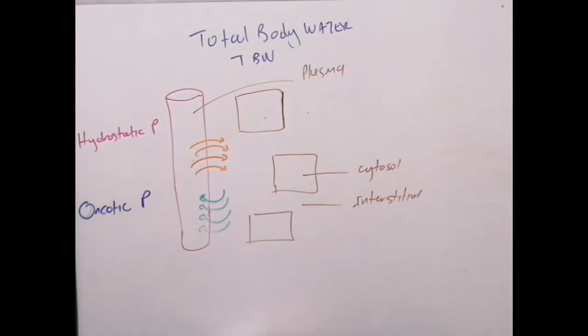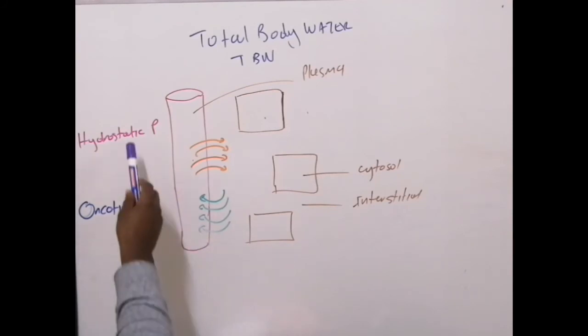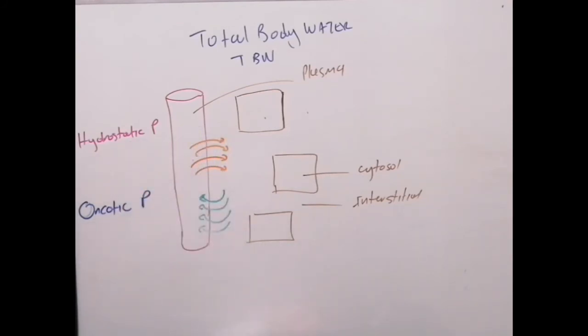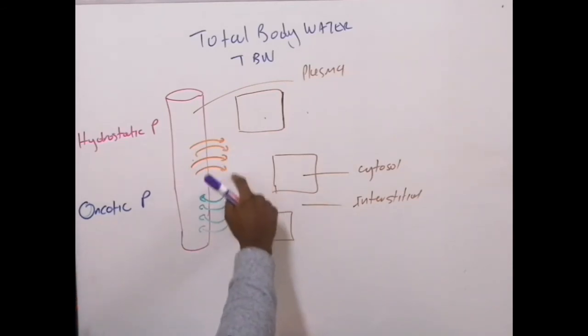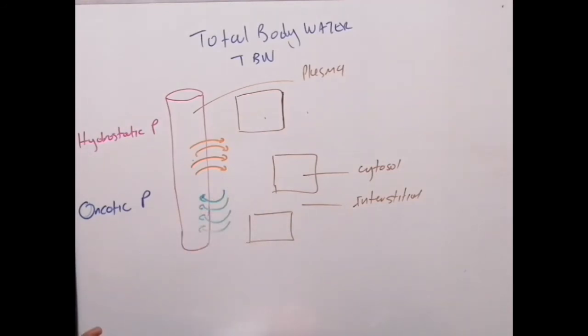It's important that whatever we lose, we later gain it. Otherwise, we are going to have a pathology. Like, for instance, the pathology that results when there is too much hydrostatic pressure that has overpowered the oncotic, it means that water will accumulate in the interstitial, and that's called edema.